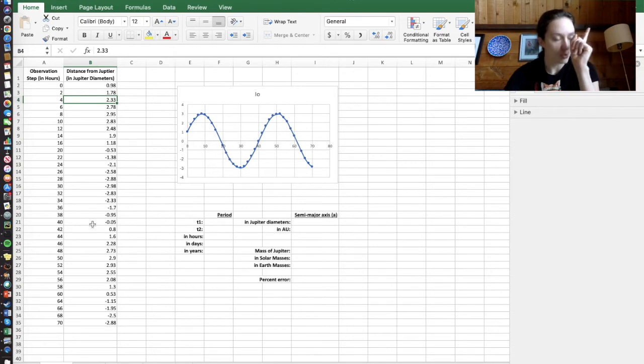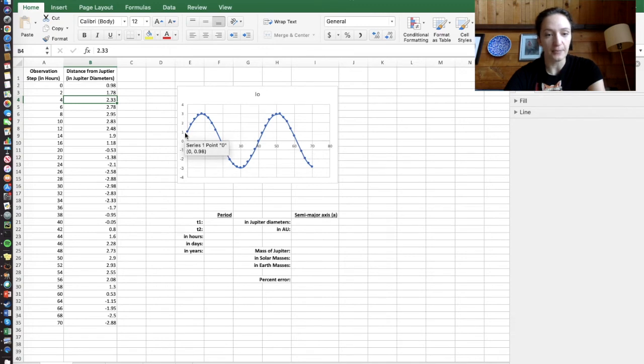Now, you have to be careful, because you don't want to do this point on your chart and then this point on your chart. That is not 1 full orbital period. 1 full orbital period means it reaches its maximum and its minimum and goes back up to the value you started at. So I would do this point and this point.